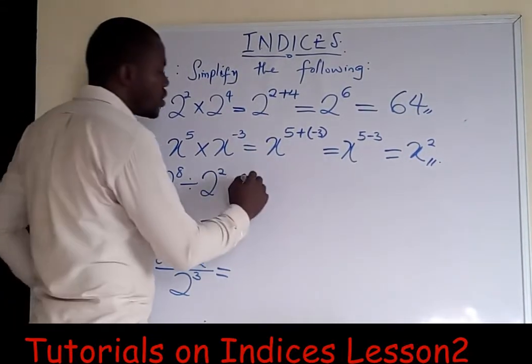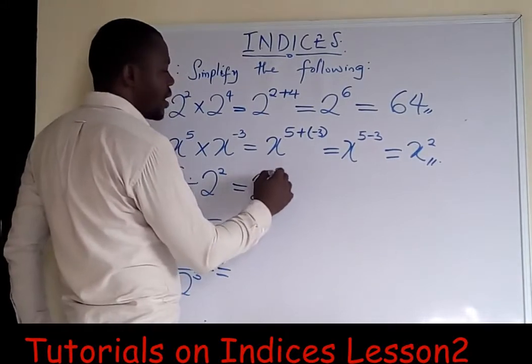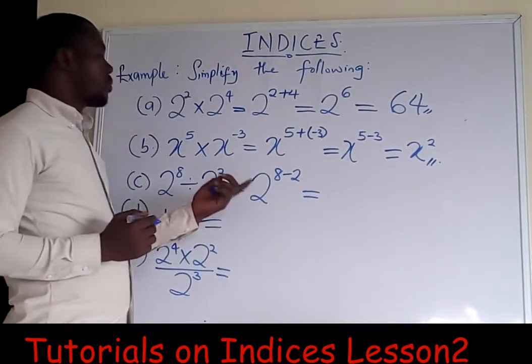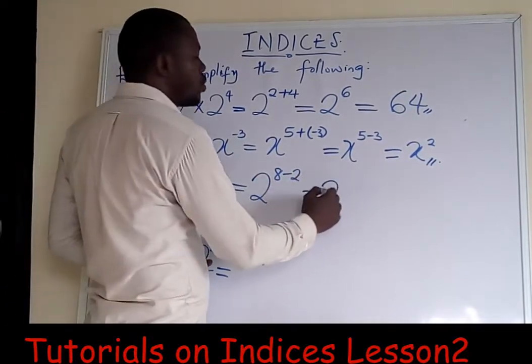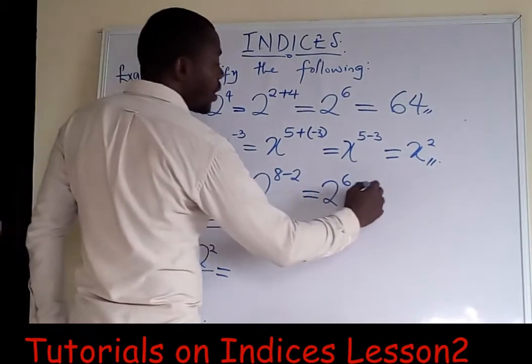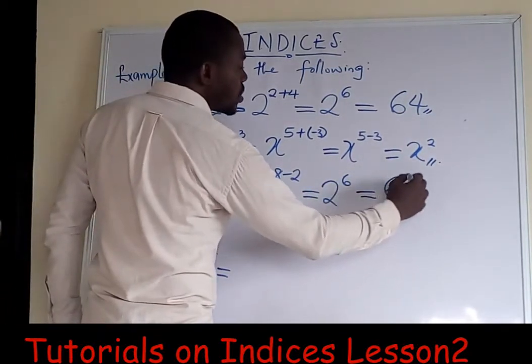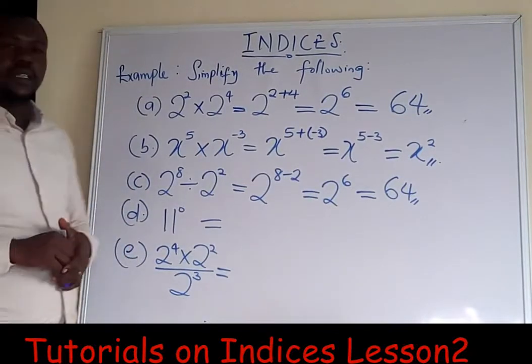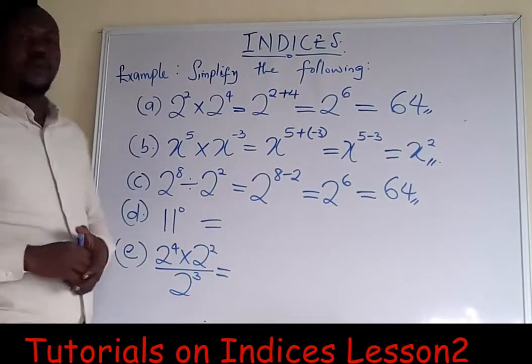So what we are going to do is 2 to the power of 8 minus 2, and 8 minus 2 will be 2 raised to the power 6. And 2 raised to the power 6 is equal to 64.